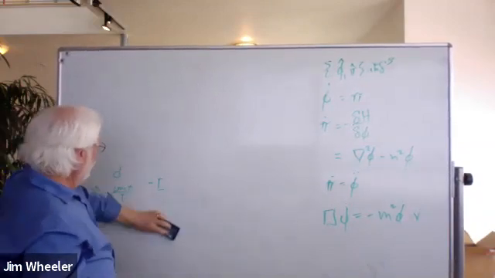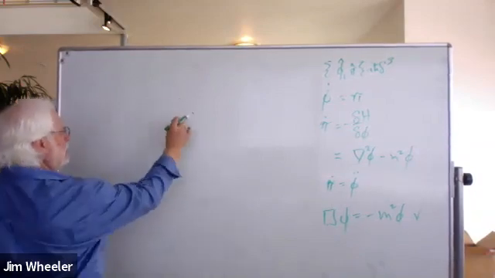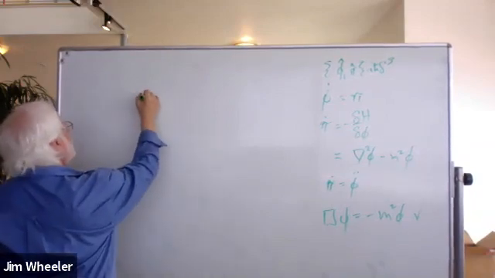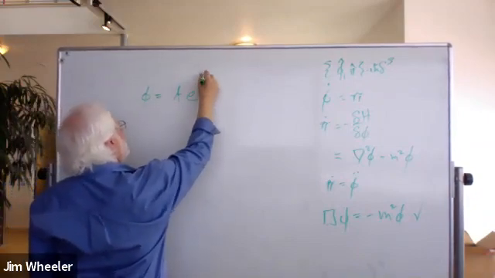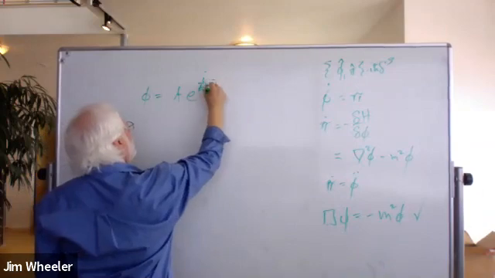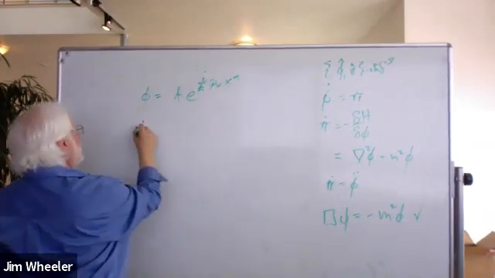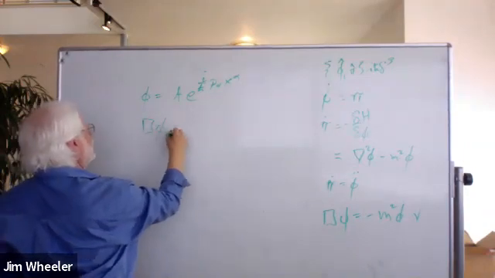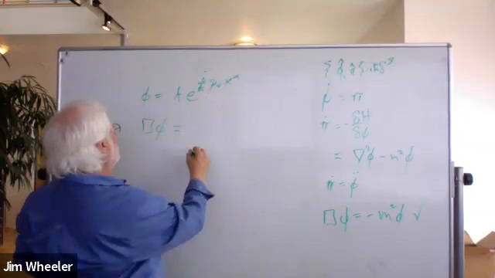So if we write phi is A e to the i over h bar p alpha x alpha, then box phi is going to pull down two derivatives of this.